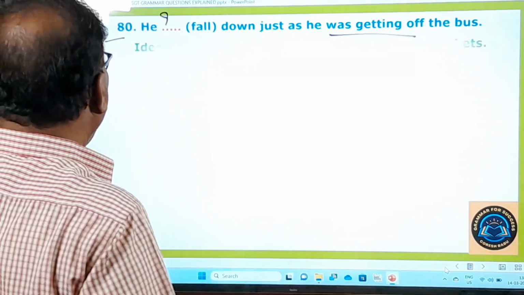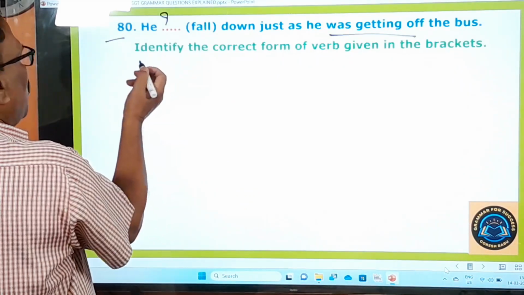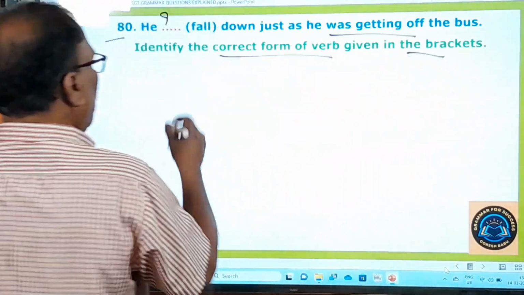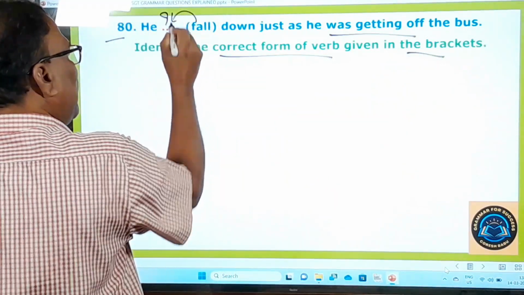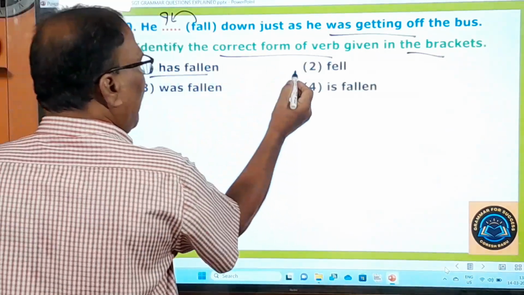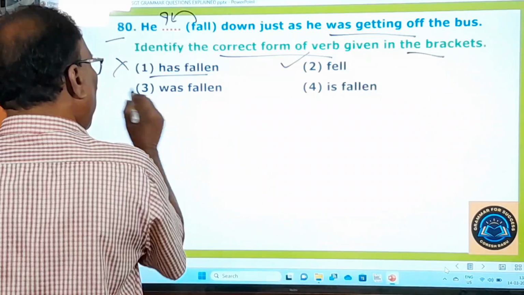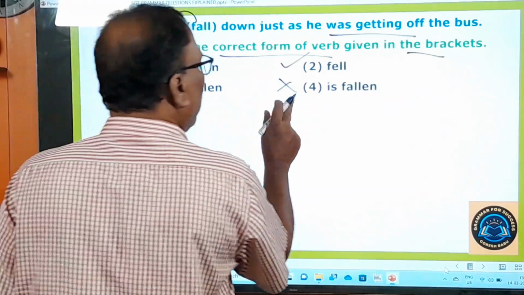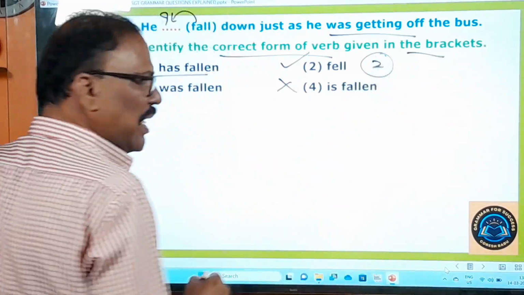Let us look at the instruction given by the examiner: identify the correct form of the verb given in the brackets. What is the correct form to be used? Has fallen, no. Fell, yes. Was fallen, no. Is fallen, no. First, third and fourth are wrong. Only the second one is the right one.